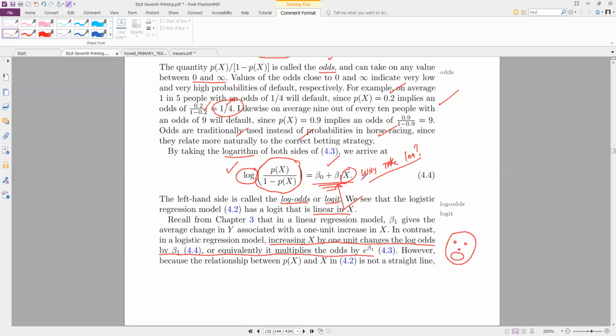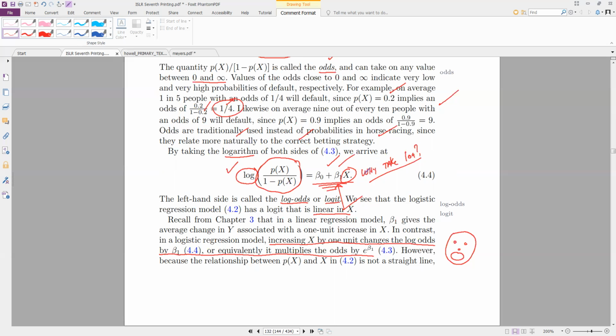This is what logistic regression does: it transforms this rough-looking variable. It's rough looking in the sense of not being very smooth, if you want to think of it that way: the probability of X over 1 minus the probability of X, wow, that's kind of rough and weird. Let's convert it by taking the logarithm.